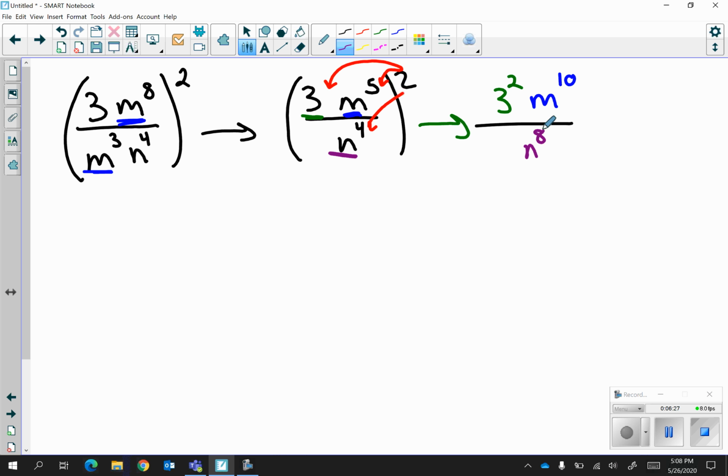Now, you really are technically multiplying the exponents for everything, including the coefficient, because you can think of the coefficient as 1. And then 1 times 2 is 3 squared. The only way you can simplify this further is if you really want to write this as 9, if you actually do 3 squared, m to the 10th over n to the 8th.